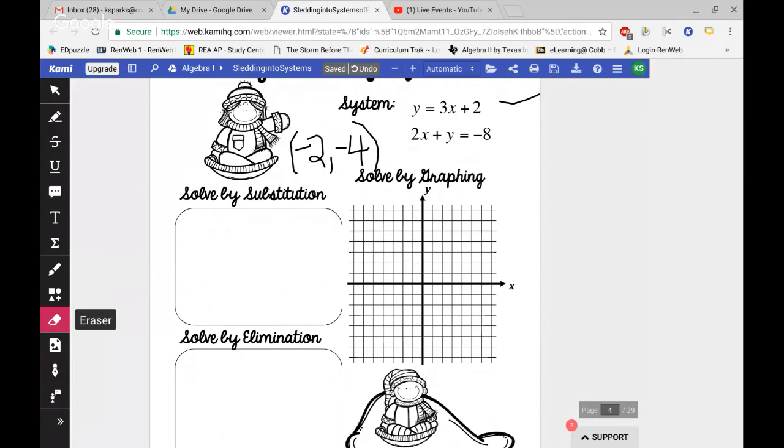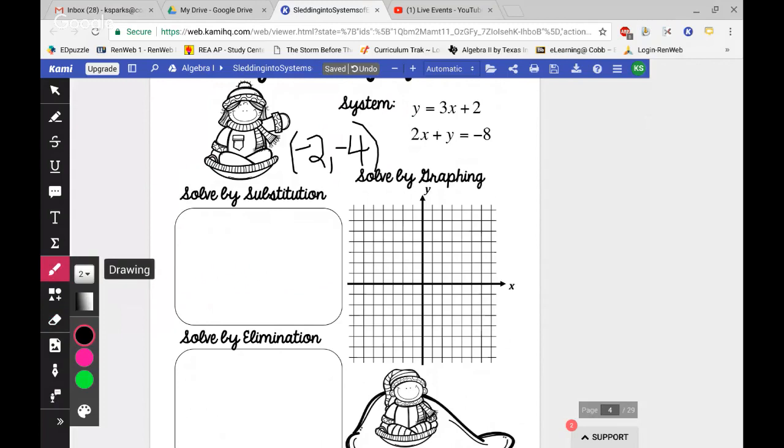Now, if you wanted to, Lily, I really am okay with this. It doesn't really prove the complete point of how they intersect by graphing, but if you wanted to, like this one, y equals negative 2x minus 8 is the other, this is this line in slope intercept form.